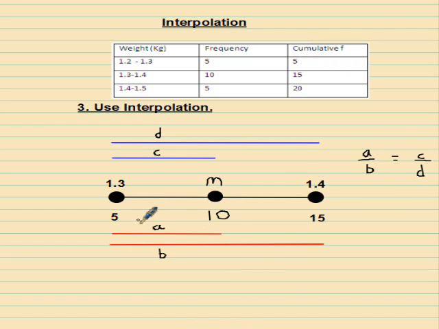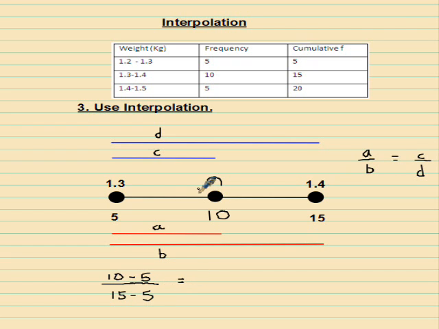So for A, we calculate this interval here, and that is 10 minus 5, to give us that interval of 5. And B, which goes underneath, we calculate this interval here, so this would be 15 minus 5.